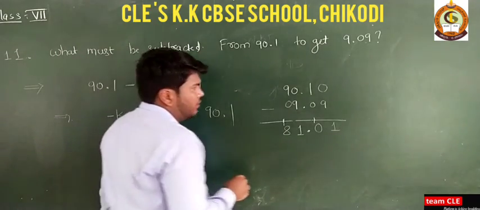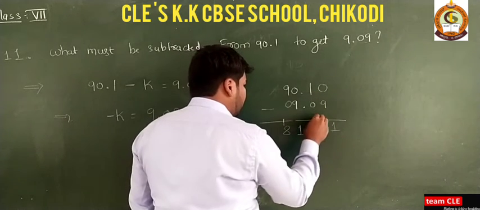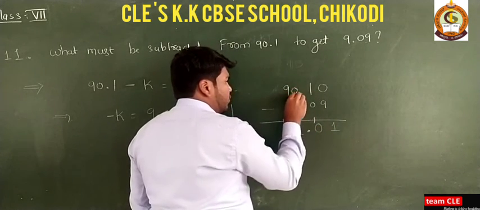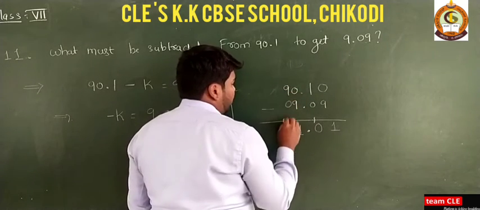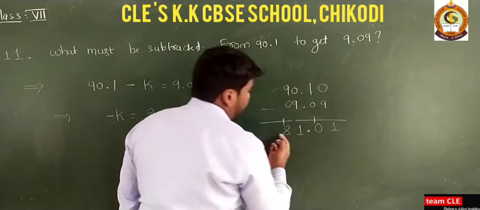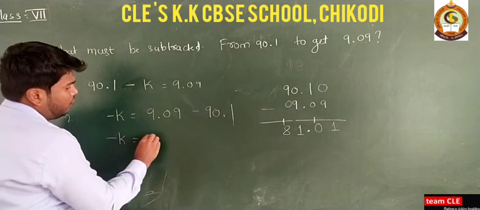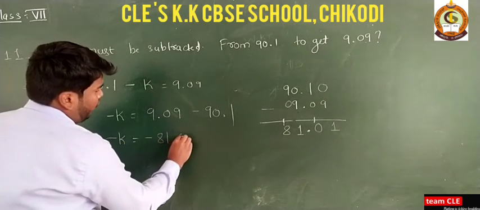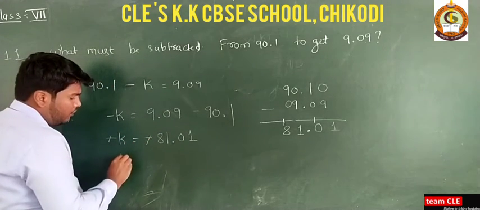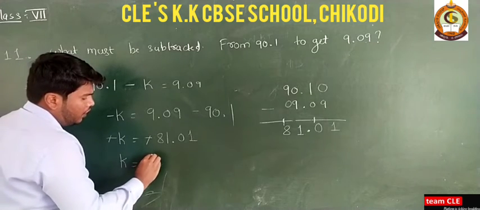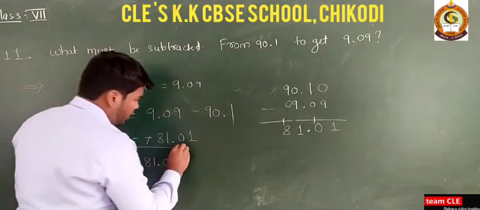If you do the subtraction, 10 minus 9 you are getting 1, similarly 1 carry here, 1 minus 1 is equal to 0, and this is 0 and this is 9, so 10 minus 9 is equal to 1, carry here, 9 minus 1 is equal to 8, so it is 81.01. Okay, so minus k is equal to minus 81.01. Okay, so the minus signs get cancelled, and the answer you are getting is k is equal to 81.01. So this is your required answer.